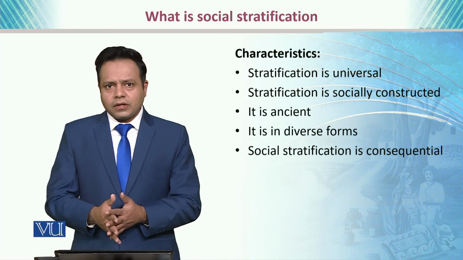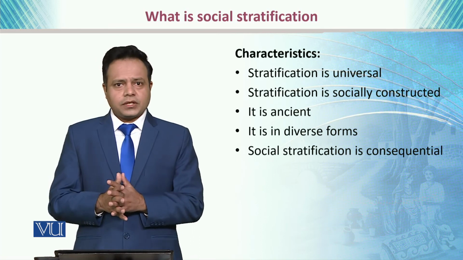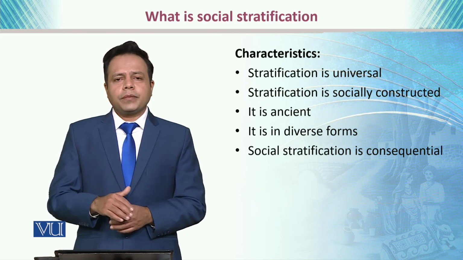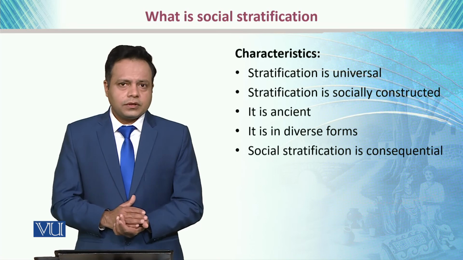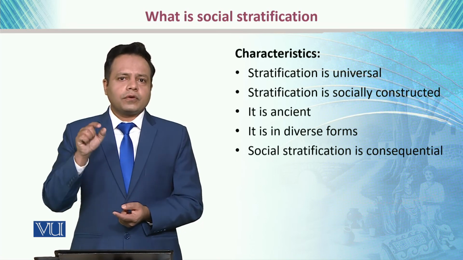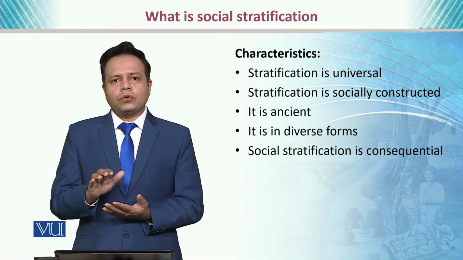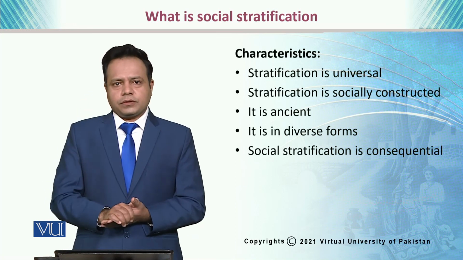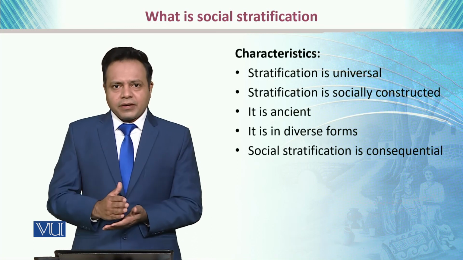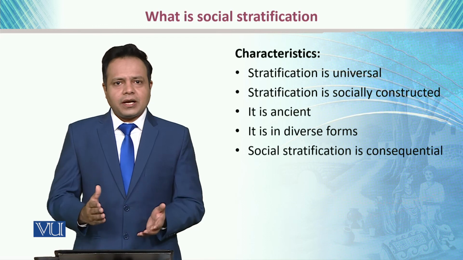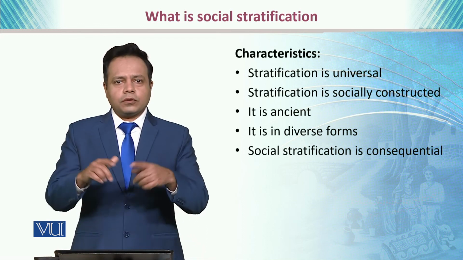First of all, an important consequence of social stratification is that human beings are never satisfied with their positions. They always strive to go from one position to another, and generally they strive to go towards higher positions. These consequences have a very dynamic effect on individuals' lives, and not only on individuals' lives but also on the life of the whole collectivity.